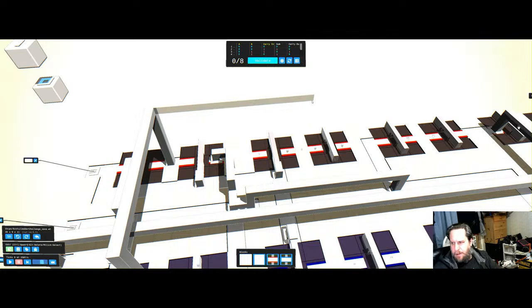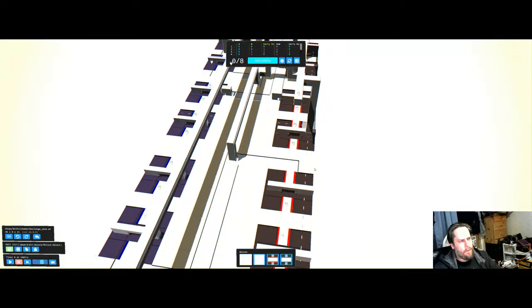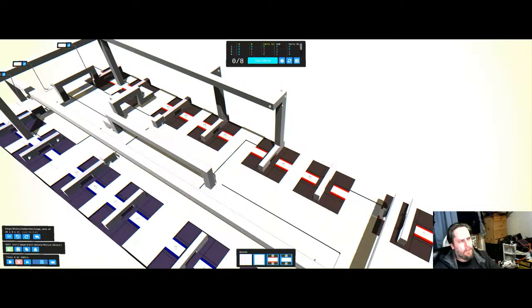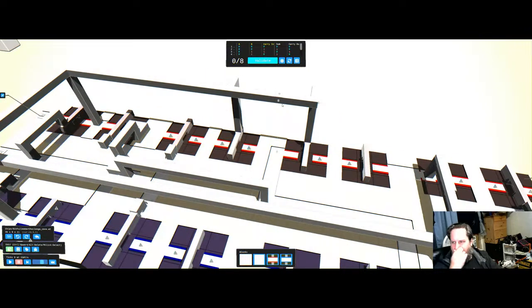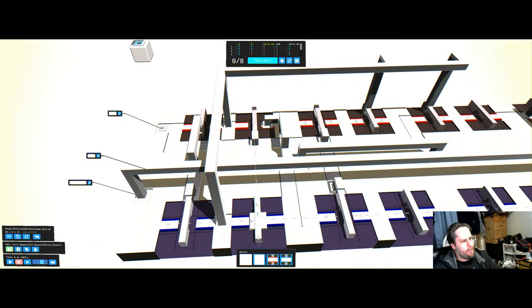It's going to be the rails for these guys. So let's do this. That's AB, which is my XOR 1 output. See how they're combined. These are the outs. These are the outs.